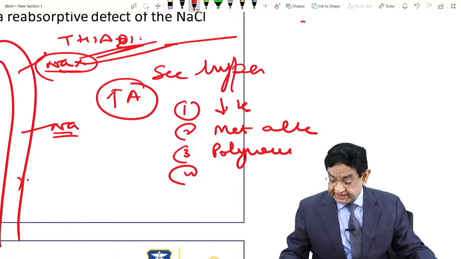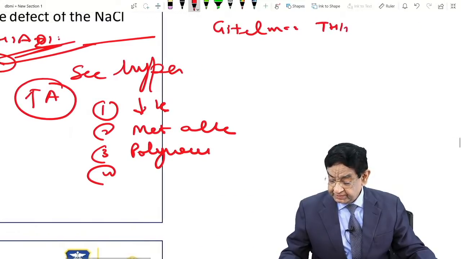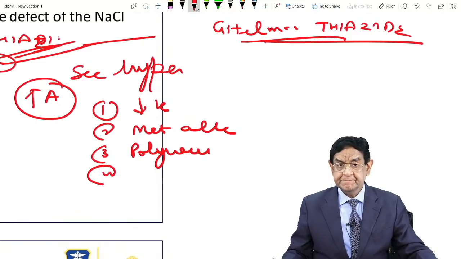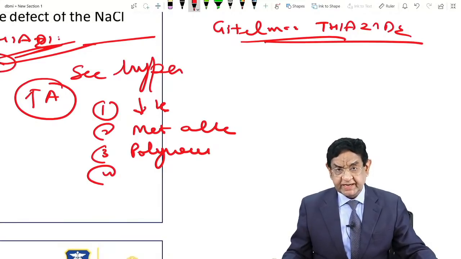So we can say Gitelman syndrome is the same as thiazide diuretic use.